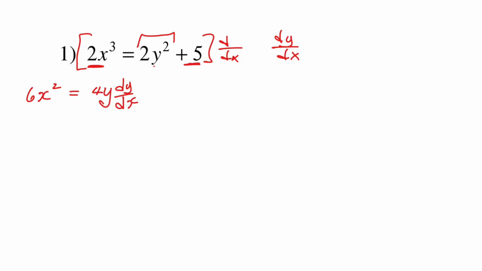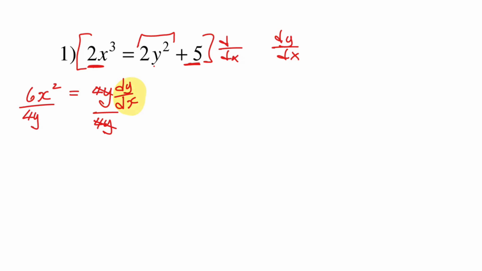In order to isolate our dy/dx, because this is the key, we're going to divide both sides by 4y. As you could see right there, now we have the dy/dx isolated.